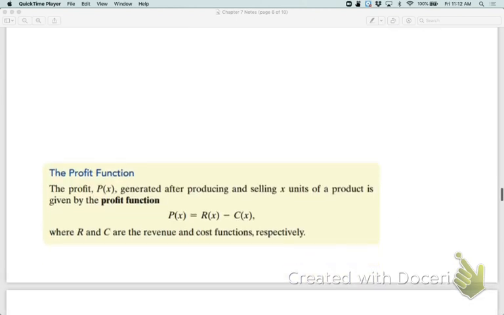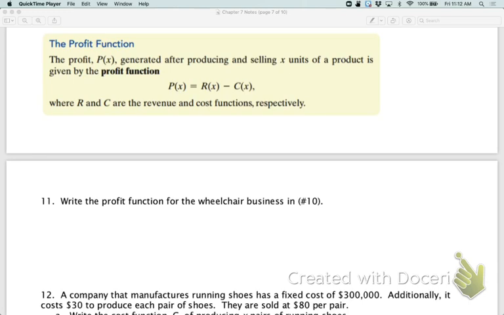So the profit function is P of X, and the profit function is what you have after you produce and sell X units of a product. So clearly that has to take both revenue and cost into account. So the profit function P of X is equal to R of X, which is your revenue, that's how much money you brought in, minus C of X, which is your cost.